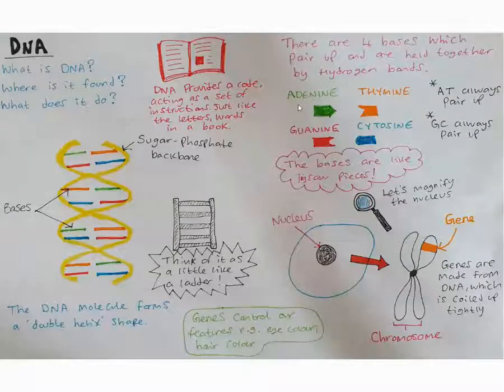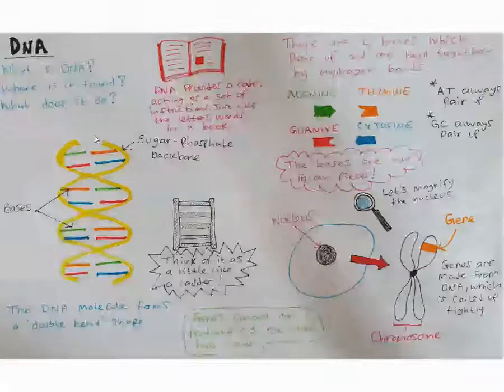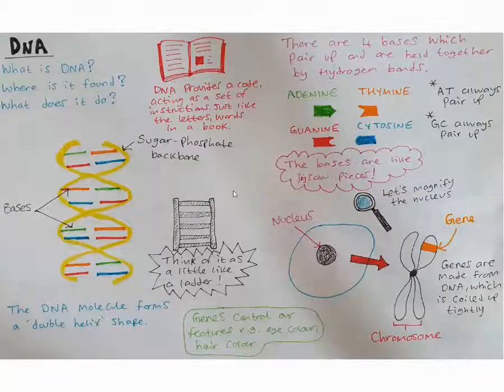So these bases are held together using strong hydrogen bonds. So the bonds exist between these molecules. So think of that as a little bit like a zip. Okay, so the bonds hold it together, like when you zip up a jacket or something like that. It's a very, very strong connection.